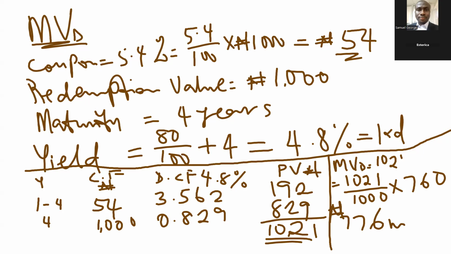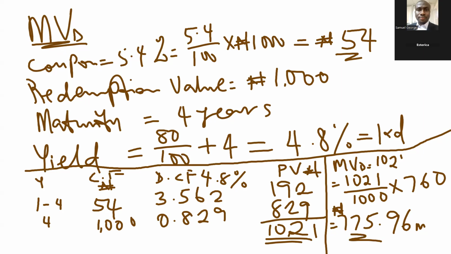Let me just say the real figure equals 775.96 million naira. Okay, so that's our total market value of debt, and we have gotten the value of equity before. So I will restate them here.